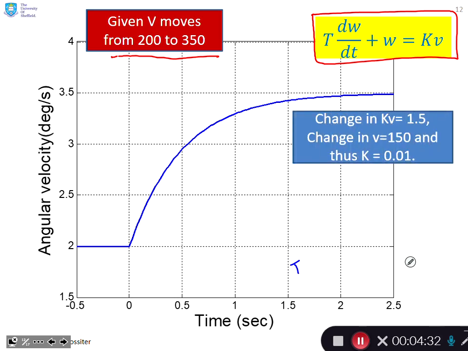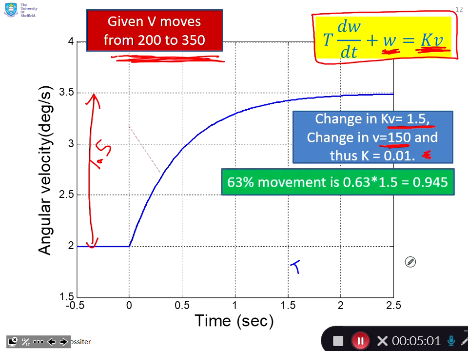Well, first of all, the change in KV here must be the change in omega, because at steady state d omega/dt is 0. The change in omega is 1.5, so you can see that here. The change in V is 150. You can see that here, and therefore K must be 0.01.